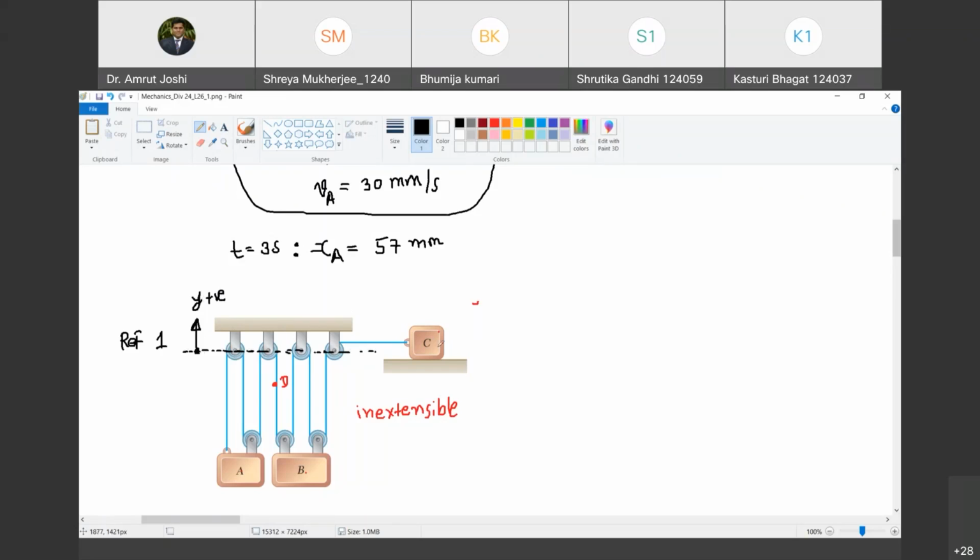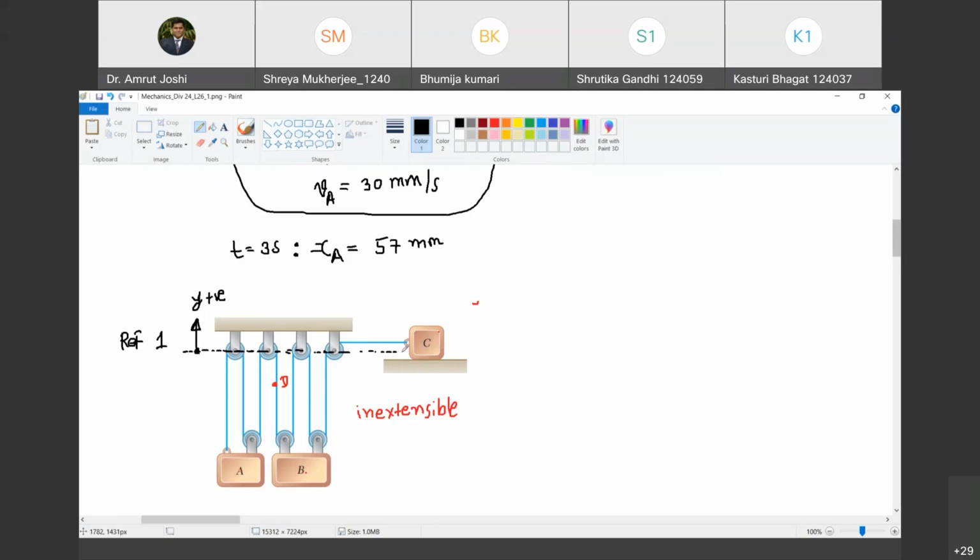Okay. Now, block C is going to exhibit motion along the x direction, or motion parallel to reference line 1. Do you agree with me? Yes, sir. So I need to also define a perpendicular reference line to this motion so that I can capture the position of block C at a given instant of time. Happy? Yes, sir.